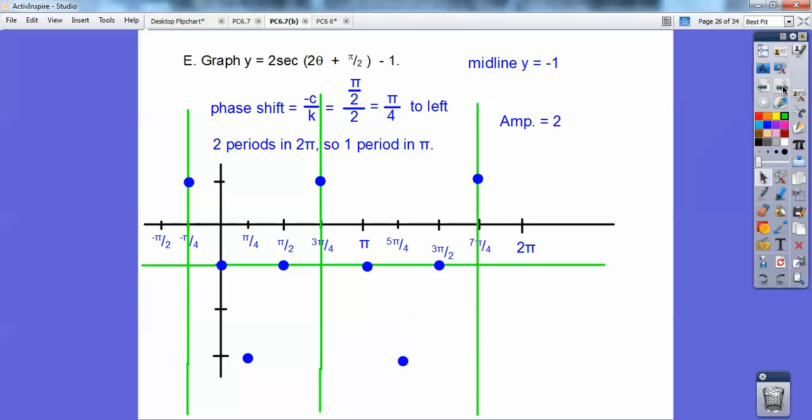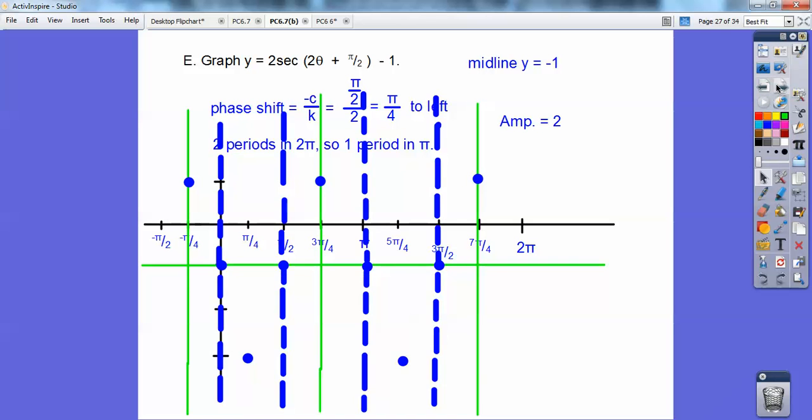Start and end it at 2, halfway at -2, with zeros in between. Since it's secant, it's going to be the reciprocal of those zeros, so there are going to be asymptotes right there, and we horseshoe off those asymptotes. There it is.